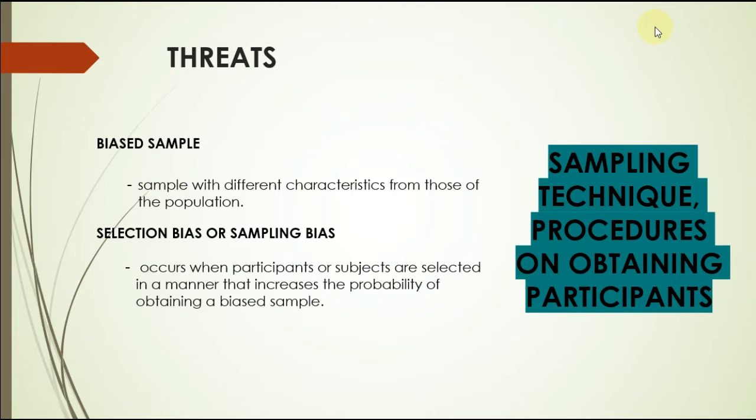Hindi lahat doon ay walang pinag-aralan. Okay? Kasi when we say home for the aged, may connotation yung iba na pag home for the aged, di nakapagtapos. Okay? So, not all participants na nandoon ay has the same characteristic. Dahil nga, sa iba't iba sila na pinanggaling at nilagay sila sa isang grupo. Okay? Magkakaroon doon ng threats.